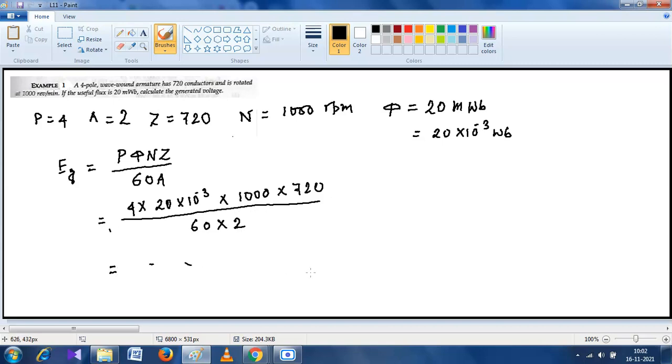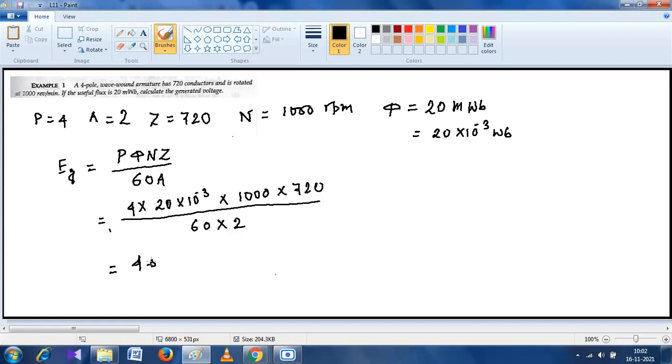Now calculate this value and tell me what is the value. How much voltage is generated? Take your calculator and calculate. The value becomes 480.